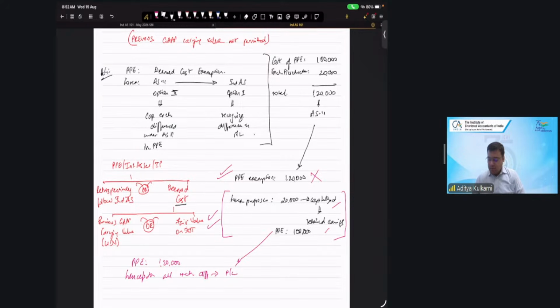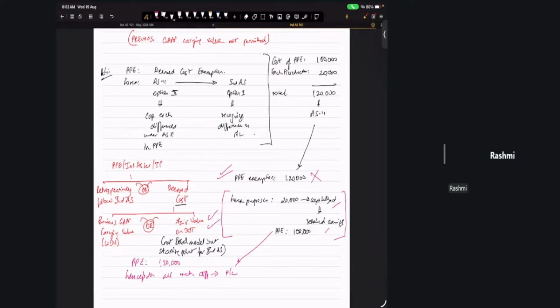Now, see, this is deemed cost. So this is not a regular revaluation model. So we'll just write here, not a revaluation model, but a starting point for Ind AS. Are you able to follow? Yes, sir.